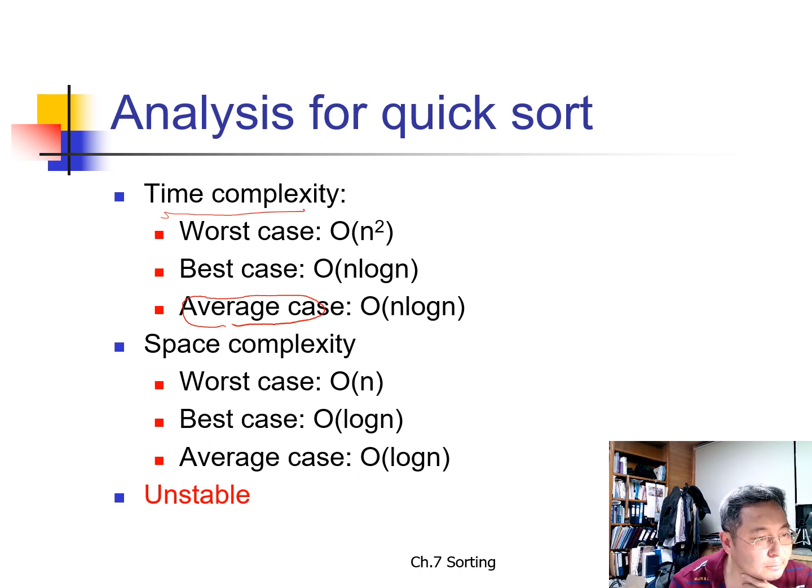So you must remember the average time complexity of quicksort, that is big O n log n. As we have seen, this n log n time complexity is optimal for sorting algorithms. But unfortunately, this quicksort is an unstable algorithm.